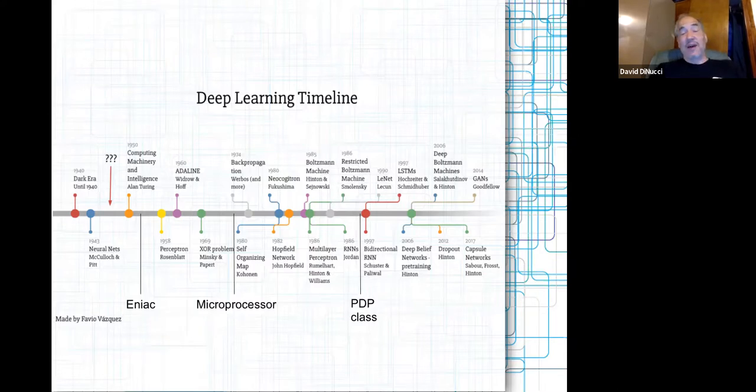Especially now that we've got digital computers, and they're constantly getting faster and smaller and whatever. By the early 70s, we had microprocessors. You know, why should we mess with all of this artificial neural net stuff? So it kind of went to the back burner. Not many people heard about it.